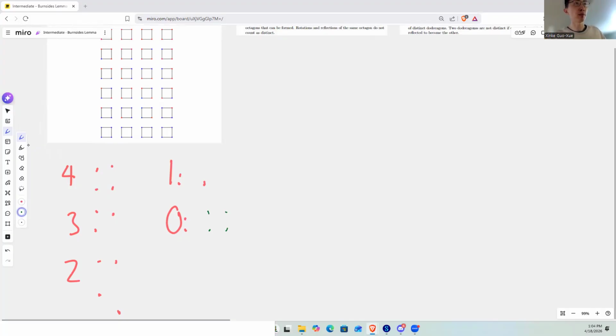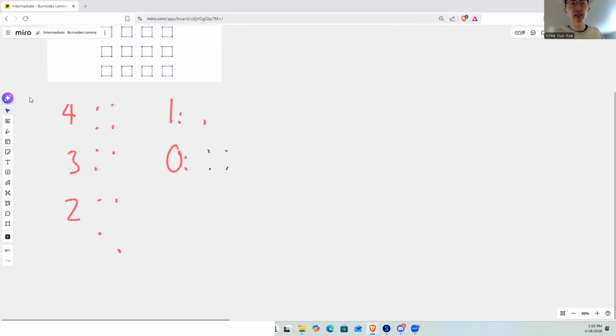But when the problem gets more complicated, with a more complicated shape or more colors, listing by cases becomes a lot more tedious.